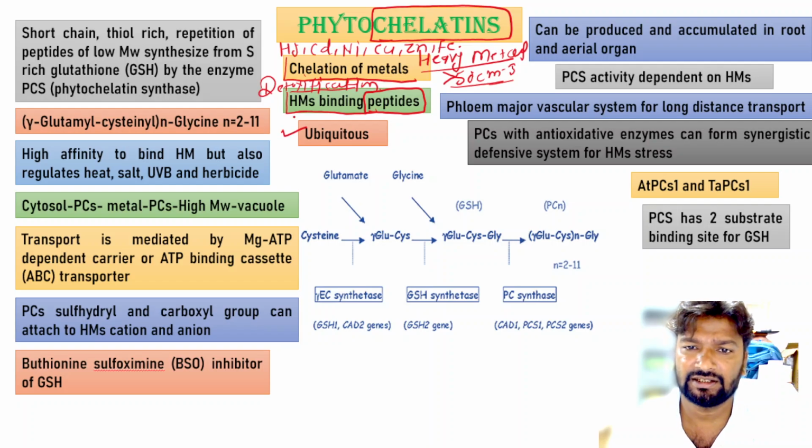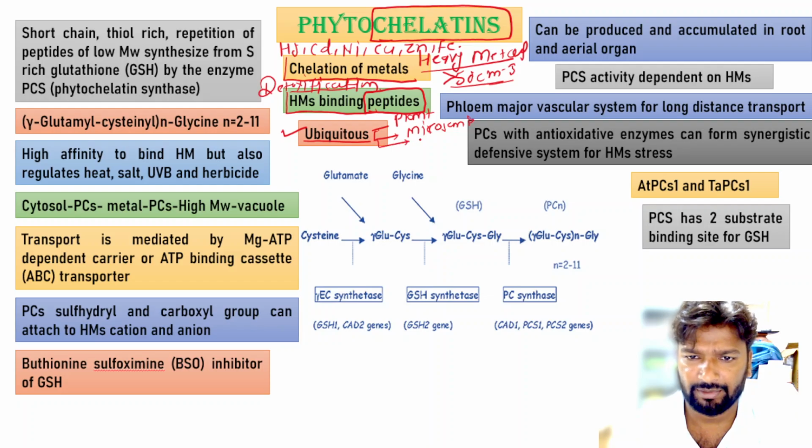Okay, next, these phytochelatins are ubiquitous in nature, meaning they are not only present in plants but also in microorganisms and animals.